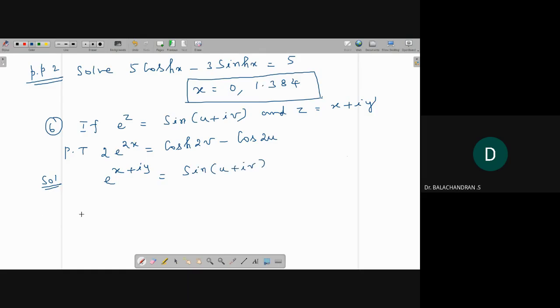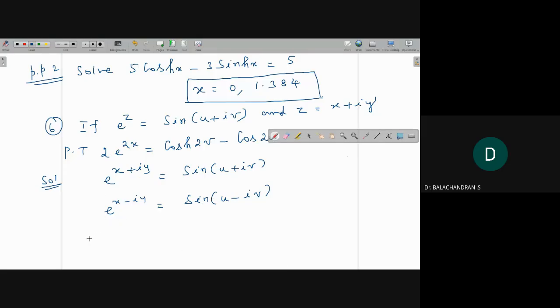So similarly, you can write e power x minus iy equal to what? Sine of u minus iv. If you multiply these two, you will get what? E power x plus iy... E power 2x only, sir. E power 2x. Directly you can write e power 2x.